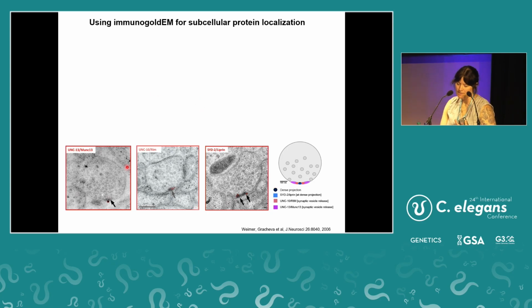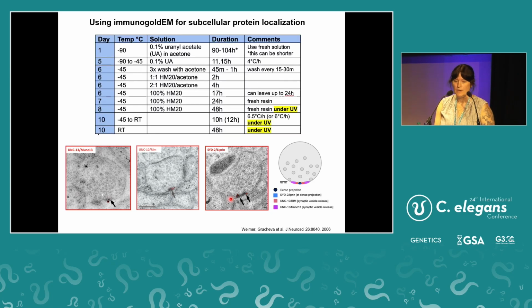And here is an example of looking at subcellular protein localization using immunogold beads. This is a very useful technique. It starts with high pressure freezing, very similar to what I showed you previously, but the chemical freeze substitution varies just a little bit.